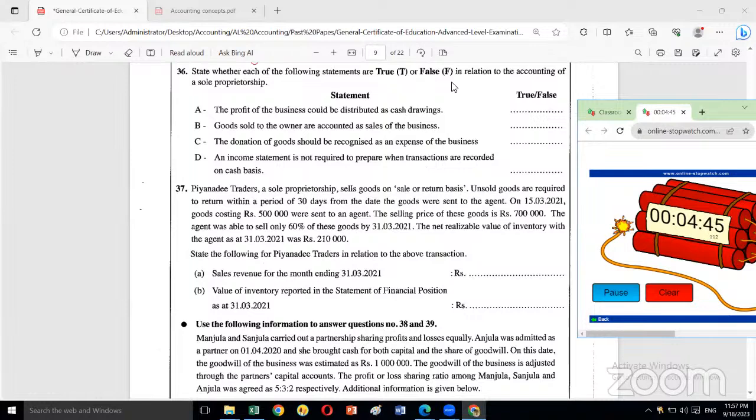Very easy. No, Vijay. Quickly do the question number 36 and 37. If you are done, raise your hands, okay? Question number 36 and 37.